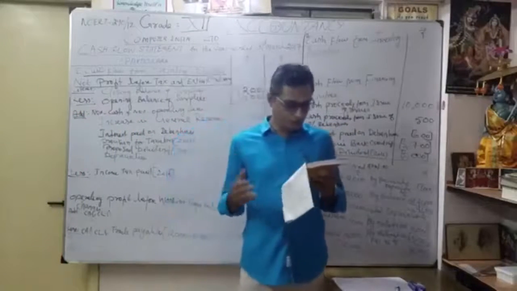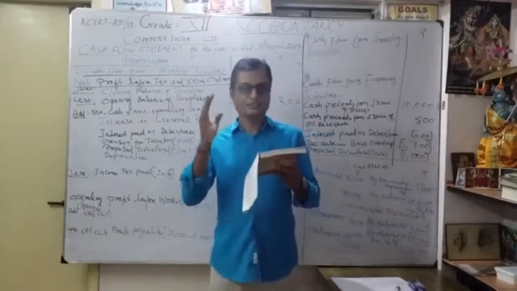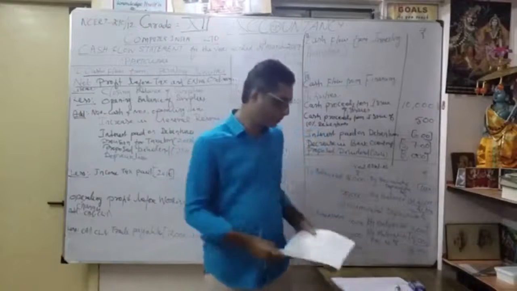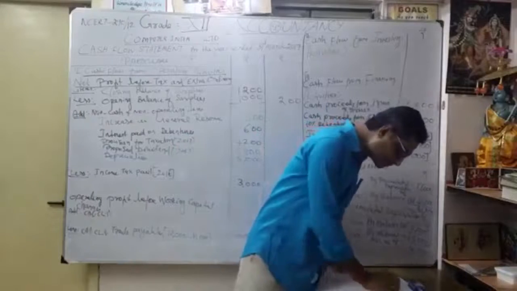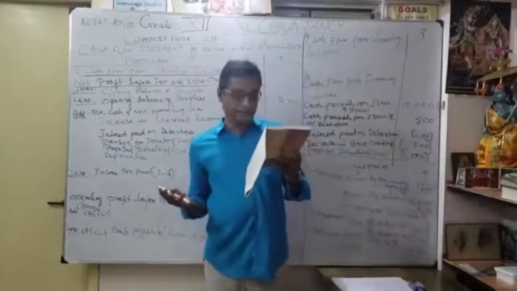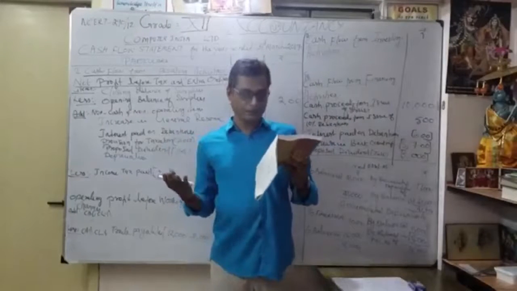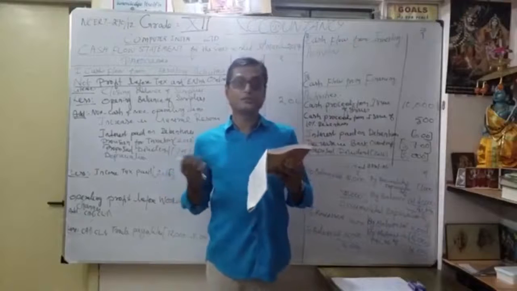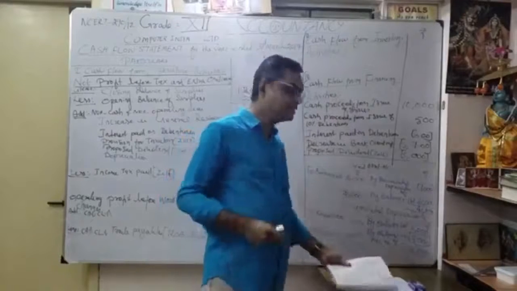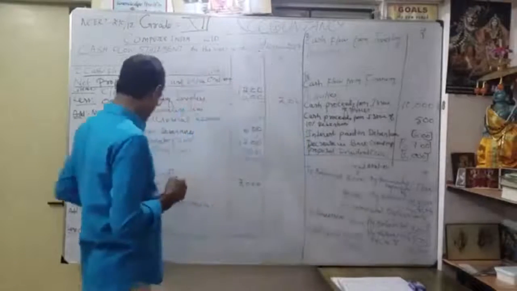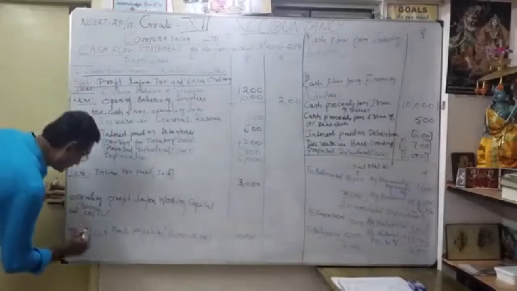Okay. Now move on to the current assets. Current asset inventories, you know. So what happened to inventories? Inventories 2016 30,000 become 2017 35,000. So our current asset increased. Correct? So ultimately here you are going to write current asset increased.